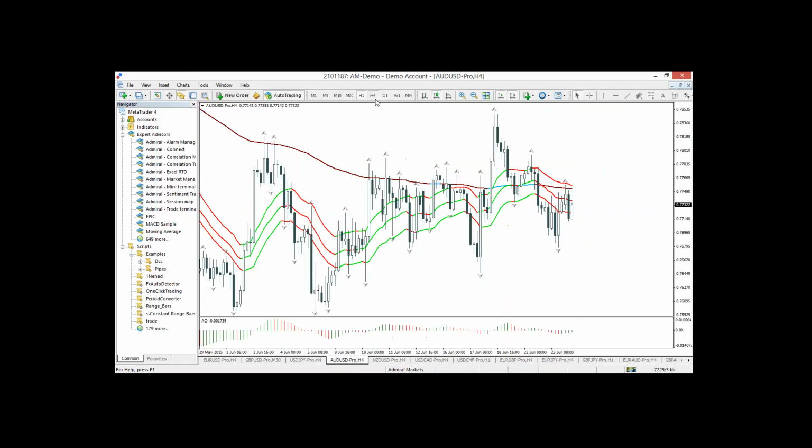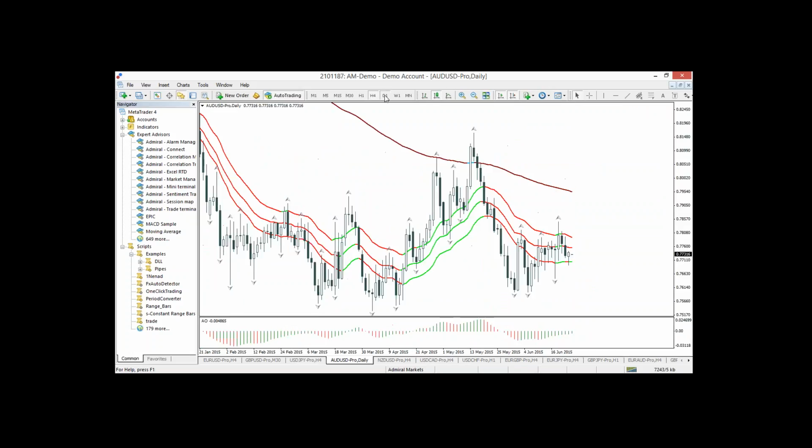AUD USD. Well, not too excited about it. Just so choppy the last few days, and yesterday was a bullish pin when we're testing this low.